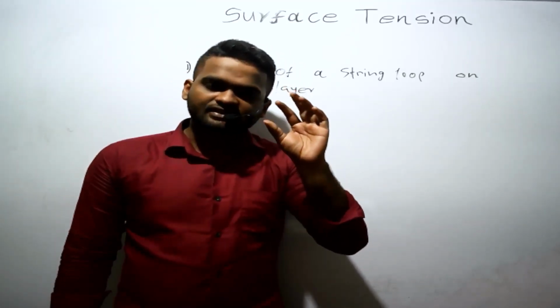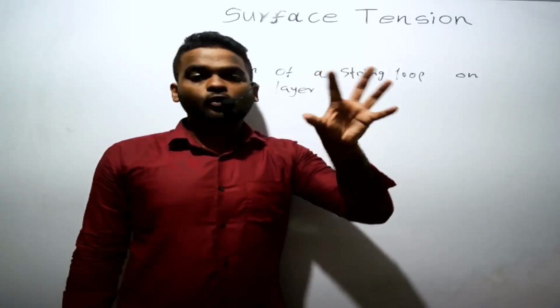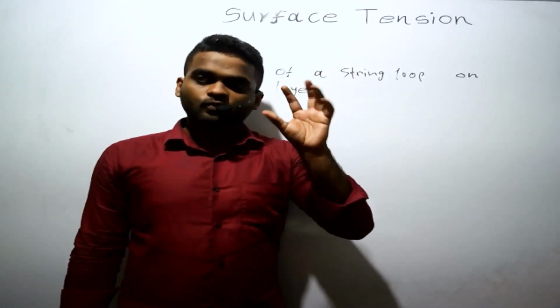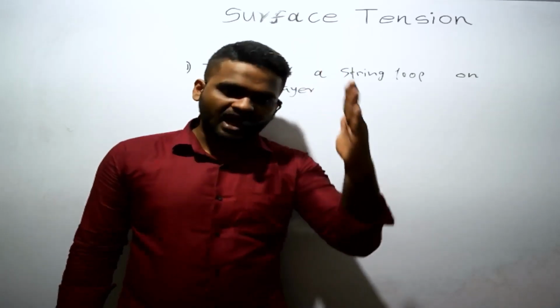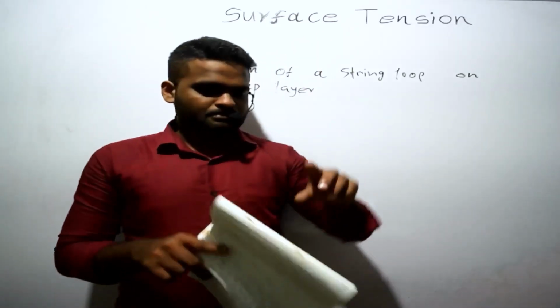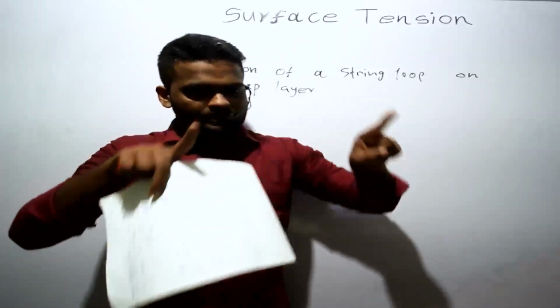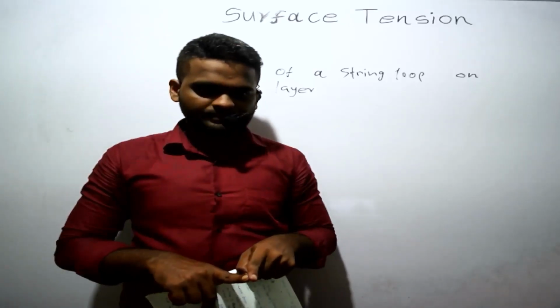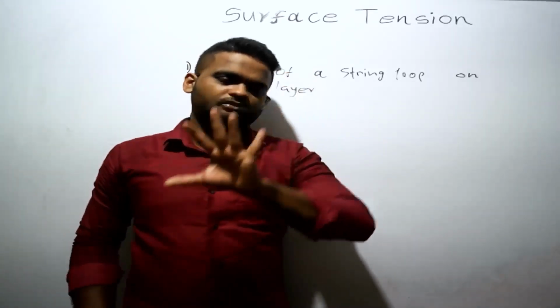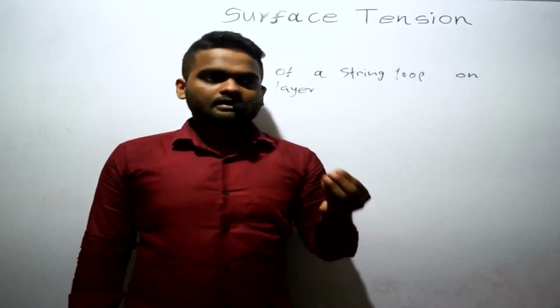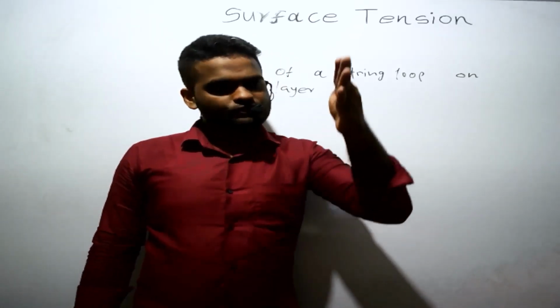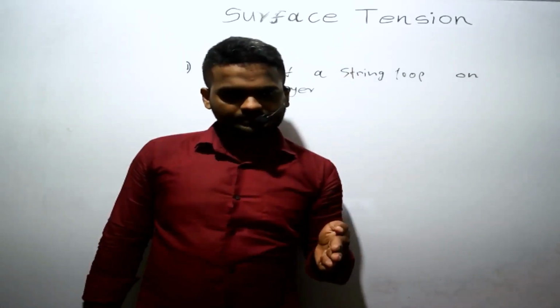To get the tension, we cannot consider the whole string loop. We consider only half of that, because if we consider the whole string loop, all the forces cancel off, and then it becomes 0.